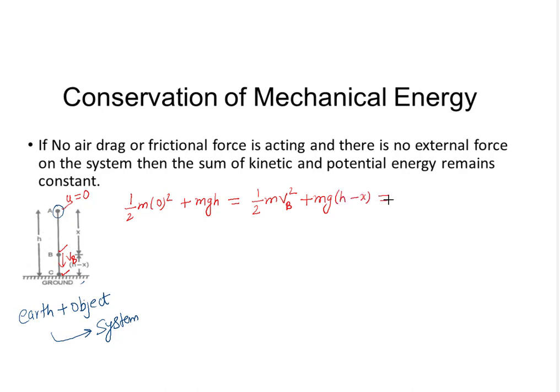And this is also equal to the mechanical energy at point C. At point C, the height is 0, so the kinetic energy is half m Vc squared plus mg into height, which is 0.